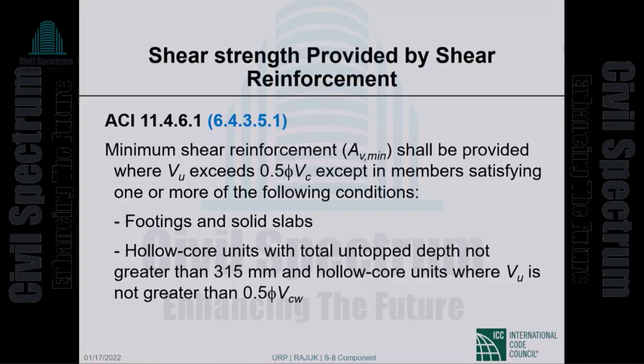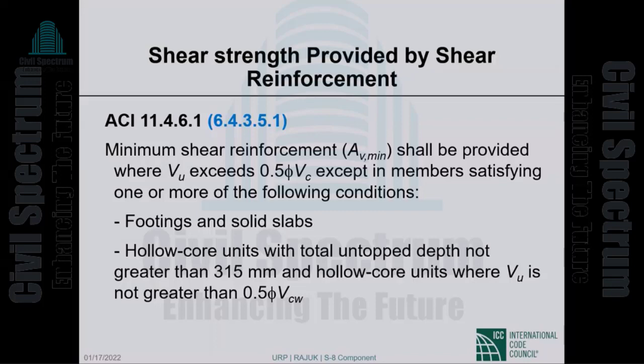Now, there are exceptions to this, except in members satisfying one or more of the following conditions. You do not have to provide shear reinforcement until V sub u equals phi times V sub c in members satisfying one or more of the following conditions.